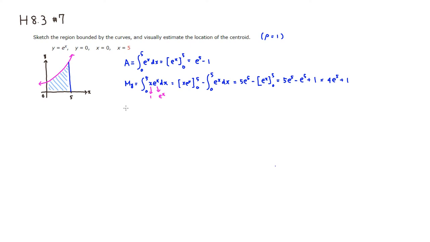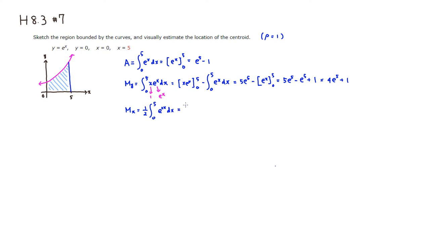Then we need to find the moment with respect to x. This is just going to be 1/2 times the integral from 0 to 5 of f of x squared. In this case, e to the x squared would be e to the 2x with respect to x.